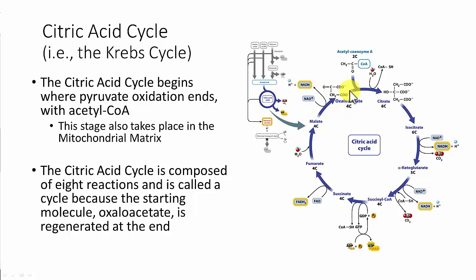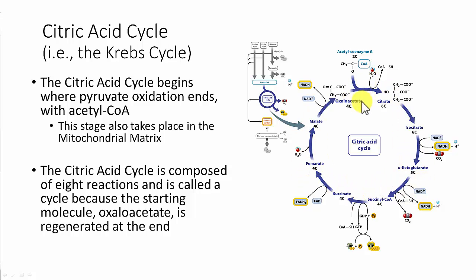So, for example, in this case, we start with oxaloacetate, and oxaloacetate reacts with our incoming product here, acetyl coenzyme A. These two are going to react to form a new product called citrate. Citrate then becomes our product in the first step of the reaction. The remaining steps are going to transform citrate, further decarboxylate, remove the carbon, and ultimately we're going to end up back where we started with oxaloacetate. And with the new acetyl coenzyme A coming in, we'll start over again.